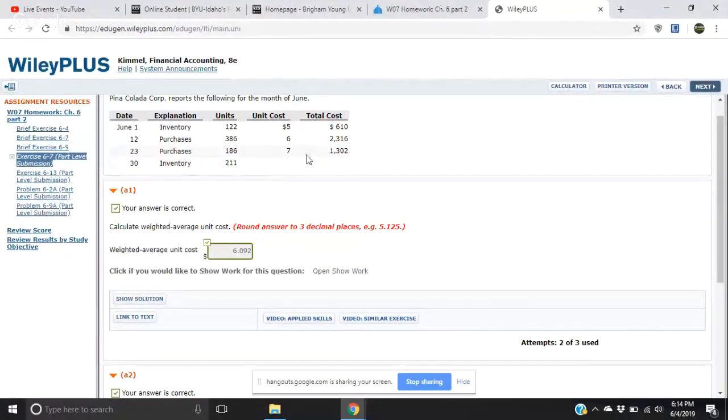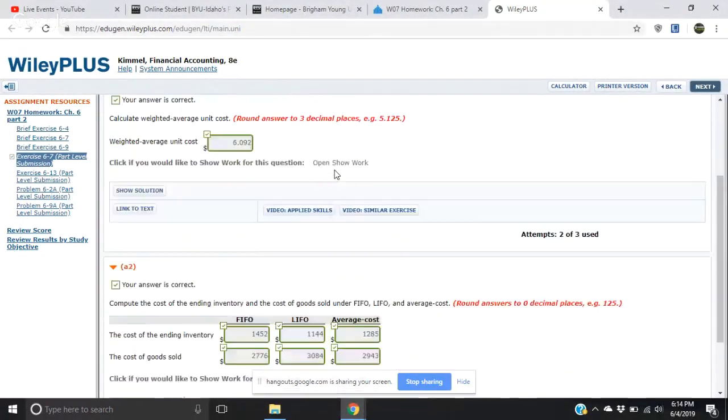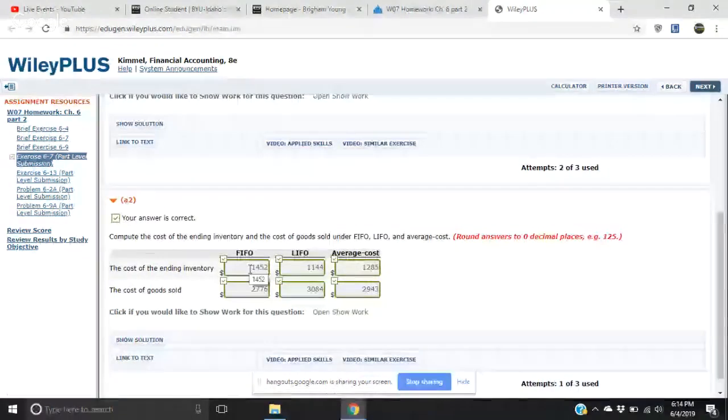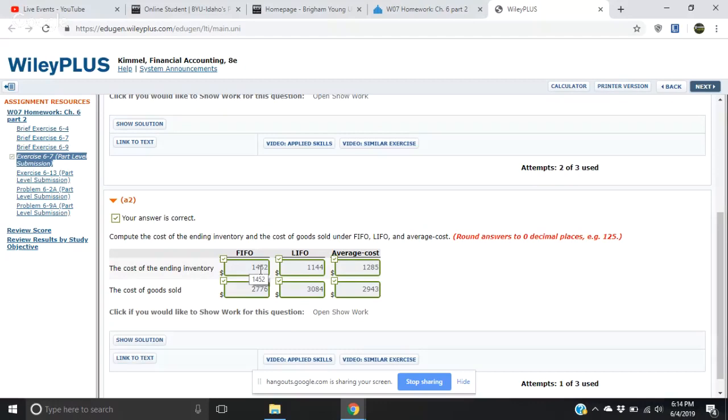And so 1,302 plus 150, we get 1,452. And the cost of goods sold is determined by simply subtracting 1,452 from 4,228.